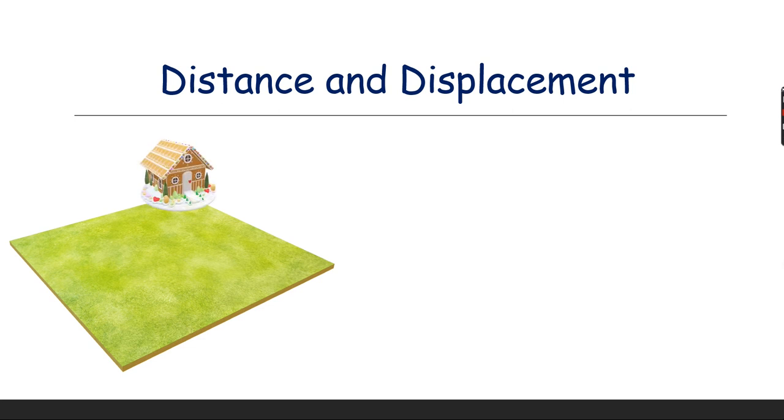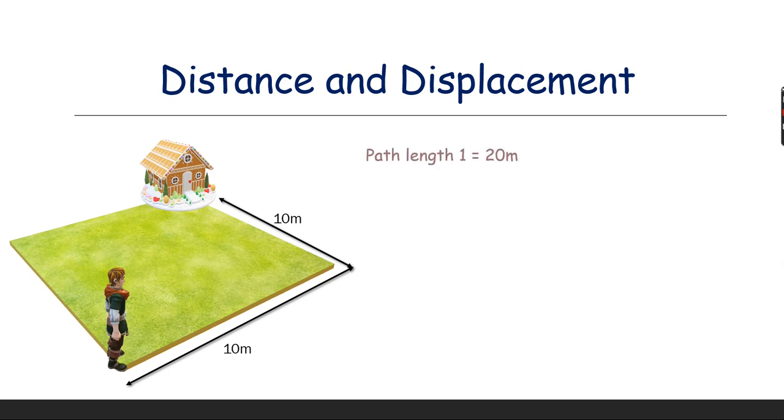So here is a house and this person wants to go to his house. So he can go to his house by traveling straight and taking left. So the total path length covered by this person to reach his house will be 20 meter. And the other way to reach his house is this, which is 12 meter.